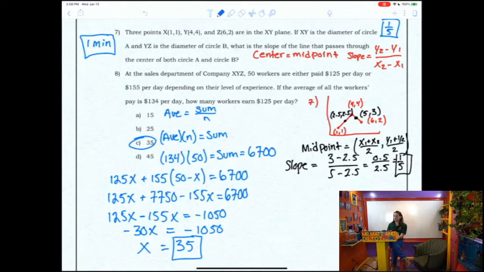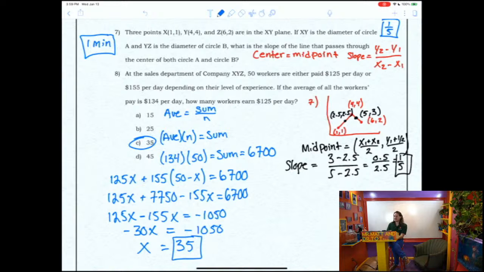So the way around this, even though we have 2 unknowns, is that the number of $125 salaried workers does not have to be the same as the number of $155 salaried workers. There's no reason why they have to be the same.